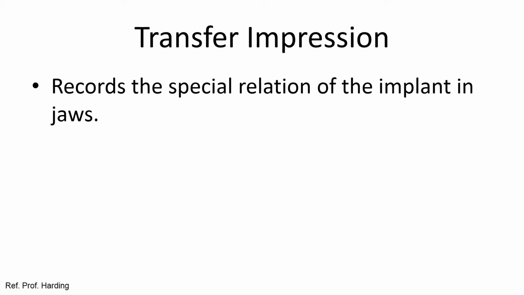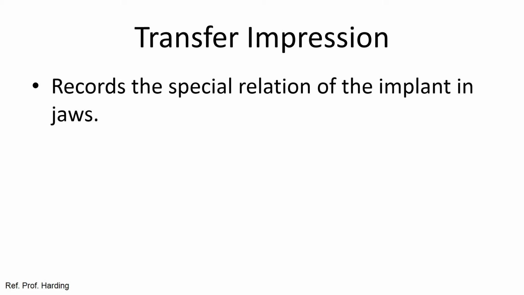as it would be occupying in the mouth. Now, again, we'll be looking at different types of transfer impressions as we go through the program. It's very important because if the transfer impression isn't accurate, we will not get a passive or accurate fit of our final prosthesis, and this will mean that the bone is put under excessive load because the occlusal forces will not be transferred to the underlying bone efficiently.